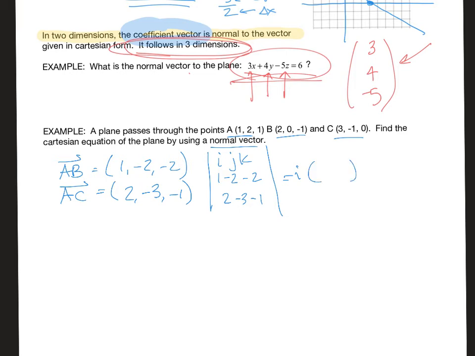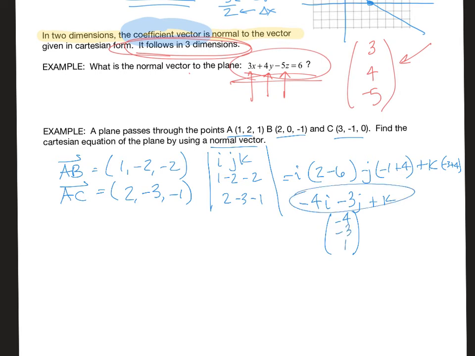So i minus j plus k. All right, again, expansion by minors, you should get 2 minus 6, -1 plus 4, and -3 plus 4, which makes my numbers, when I actually simplify this, -4i minus 3j plus k, which means I have the coefficients, right? I know the normal vector. It is -4, -3, 1 because of this.